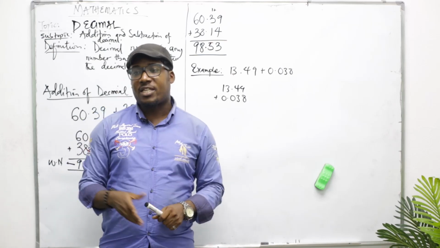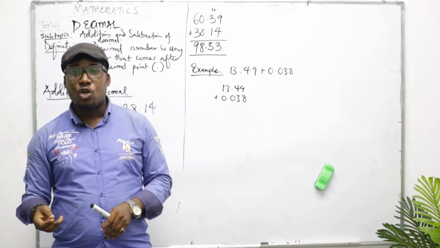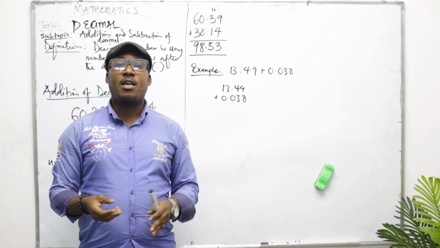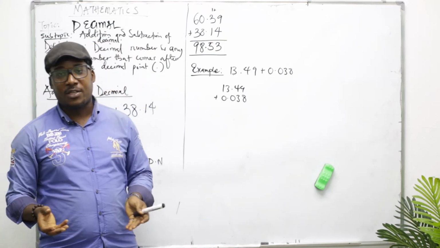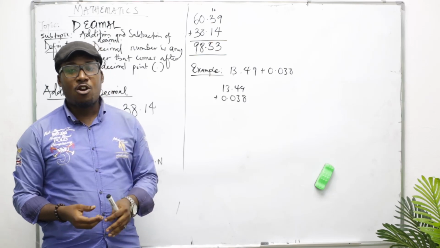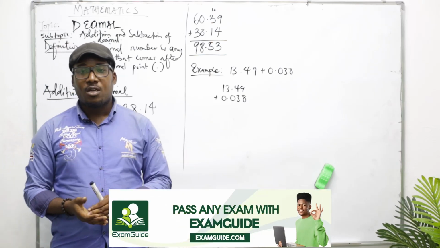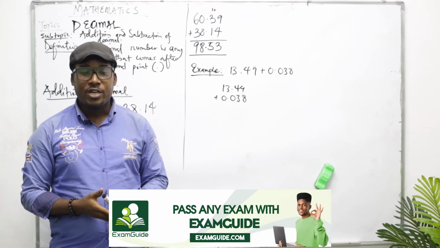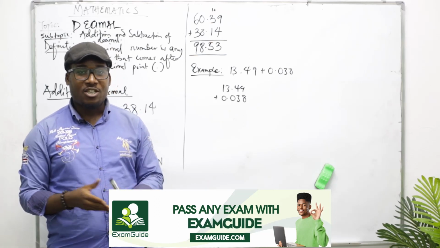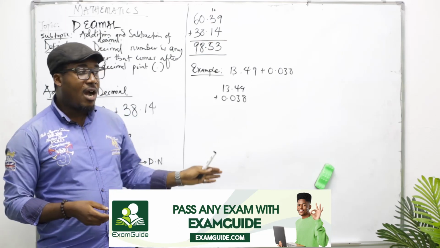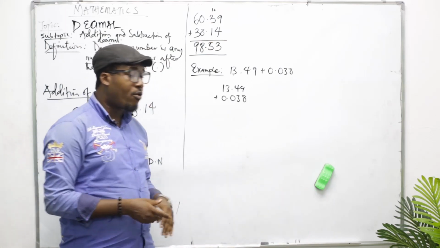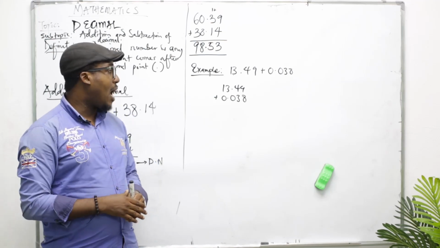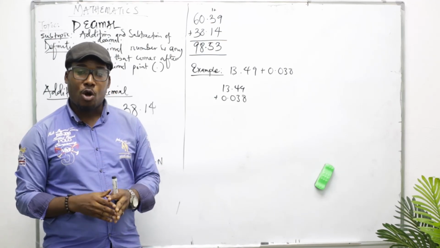One of the decimal points is coming after a single digit, which is also a 0, an empty vessel. The other number is coming after a double digit, which is a tens and a unit from our place value. So there are 2 digits there. And if you do it this way, you will run into a loop, an error, and you keep going in a circle because it's not going to work well.